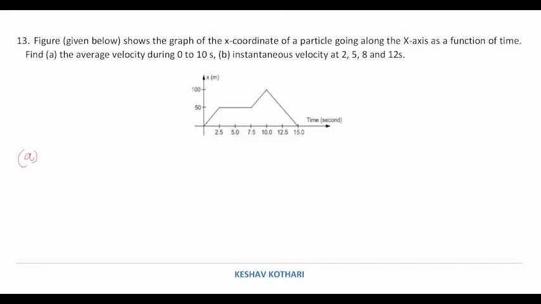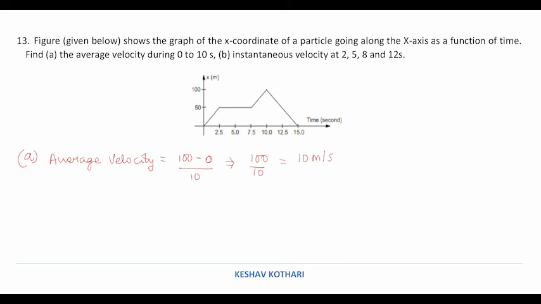First of all, we calculate the average velocity from 0 to 10 seconds. At t equals 10 seconds, the particle is at a displacement of 100 meter, and at t equals 0 the particle is at the 0 mark. So the average velocity is going to be 10 meter per second.